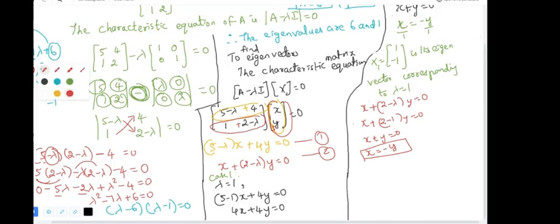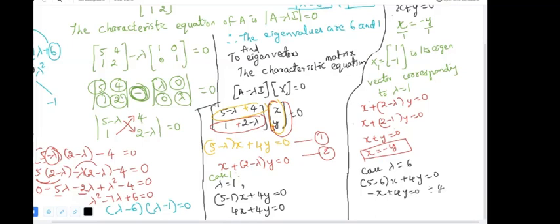Then we'll move to the second eigenvector, that will be case 2. Case 2 is if lambda is equal to 6. So it is 5 minus 6 x plus 4 into y is 0. So here minus x plus 4y is equal to 0. Divided by 4, we get minus x by 4 plus y equals 0.